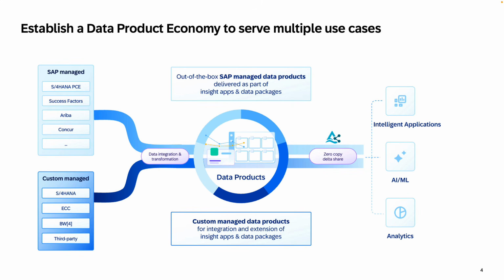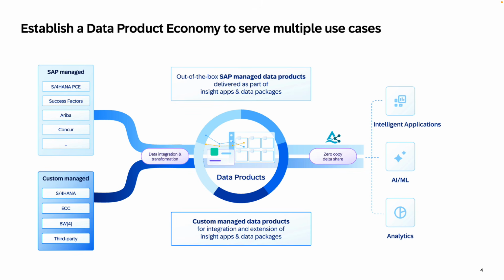When we at SAP talk about data products, most of the time we concentrate on this upper part here about the SAP managed data products. We at SAP started with the go live of Business Data Cloud to build these SAP managed data products, which are basically combining data coming from our LOB solutions, like for example S/4HANA PCE, SuccessFactors, Ariba, and so on, into so-called data products.